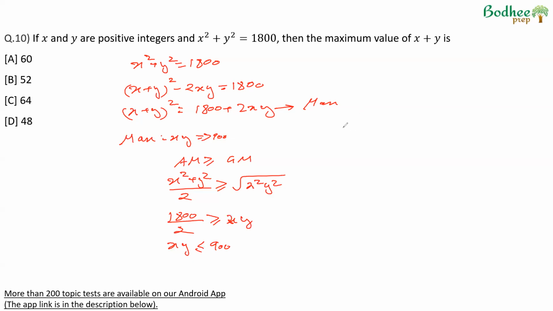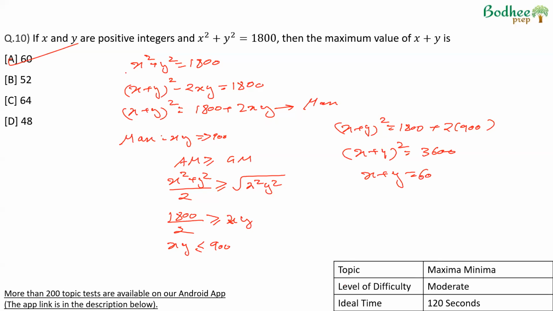If we put this value here, the maximum value of x plus y whole square will be 1800 plus 2 into 900, or 1800 plus 1800, 3600. Taking the root, x plus y maximum value will be 60, not 600. Root of 3600, which is 60. Option A becomes the answer. Again, I think easy to moderate level of question, basic application of AM-GM will give us the answer.